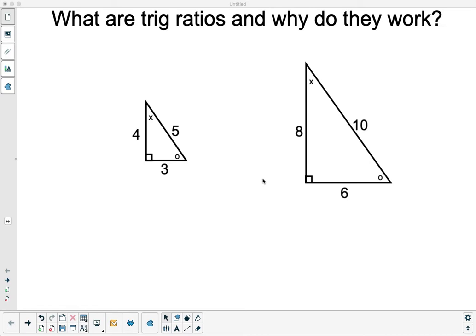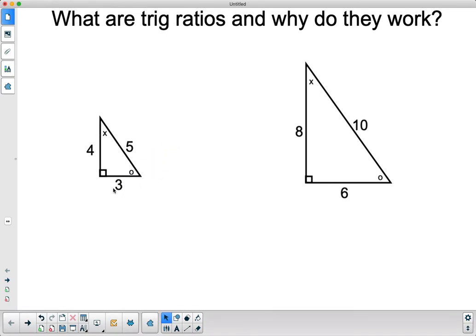Now, the first thing that I want you to think about here, I have two right angle triangles on the screen. The first one is possibly the most famous right angle triangle that we have, which is the 3, 4, 5 triangle. And the second right angle triangle I made just by making this one 2 times bigger. So it is just twice the size, so its side lengths are 6, 8, and 10.